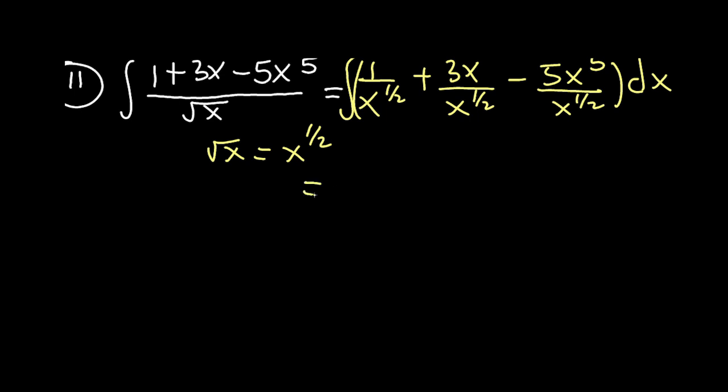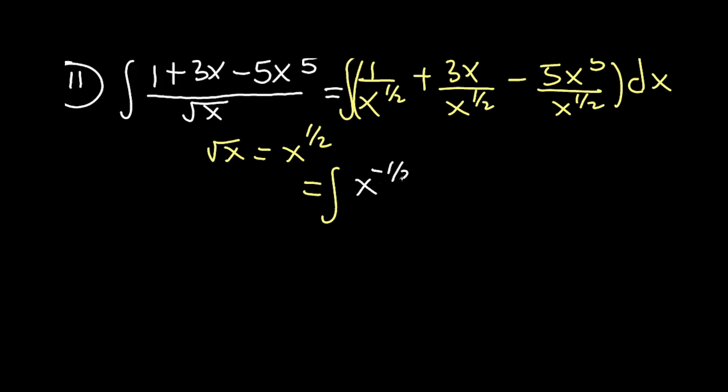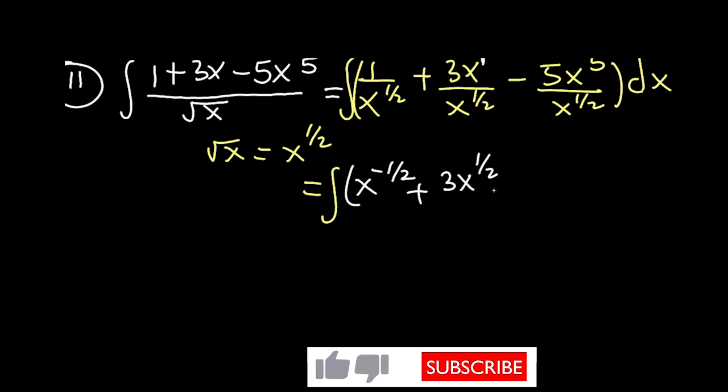So this will be equal to, if you remove the 1 over, we are going to have x to the power minus half, and then plus 3, and this one you can use the law of exponents. There is 1 here, so that means you're having x to the power 1 minus half, which will be half, then minus.